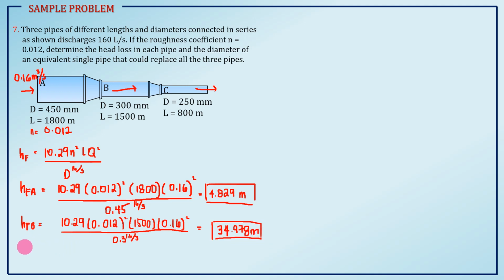Ayan. Then, HFC naman. So, HFC is equal to 10.29 and 0.012 squared. L, 800. Q, same. Diameter is given, no? 0.25.